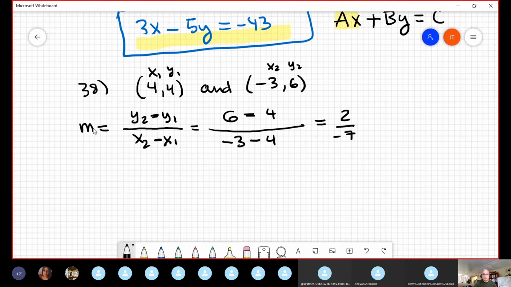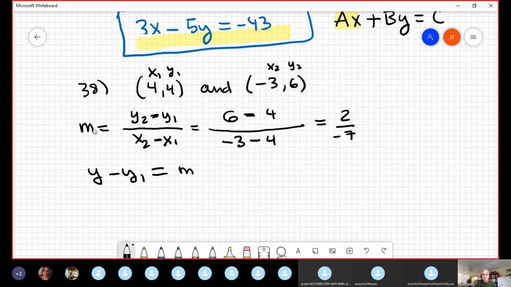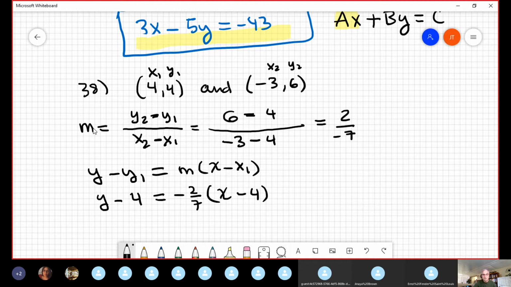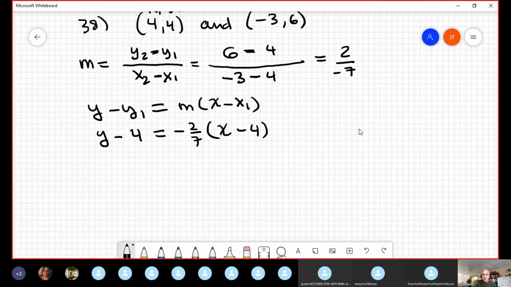And instead, 2 is the formula. Y is a variable, y1 is 4, the slope is -2/7, x minus x1 is 4, a coincidence. Multiplication by 7 now. The only number that we have in the denominator is 7.